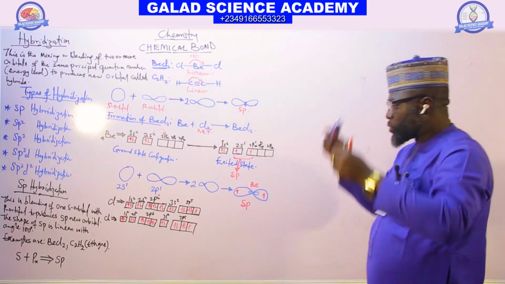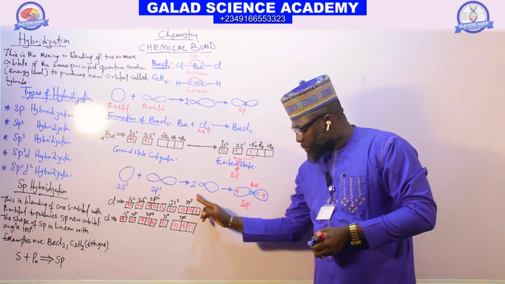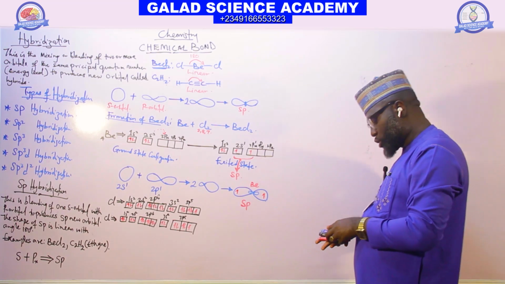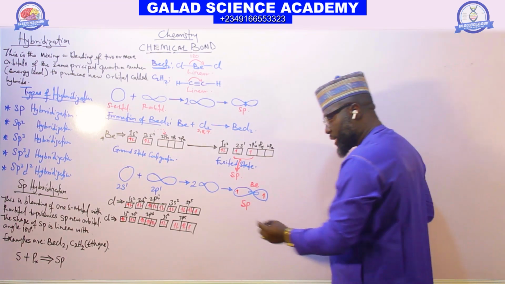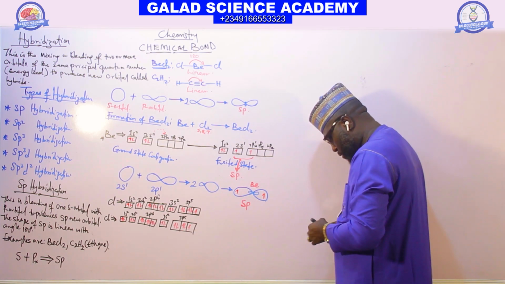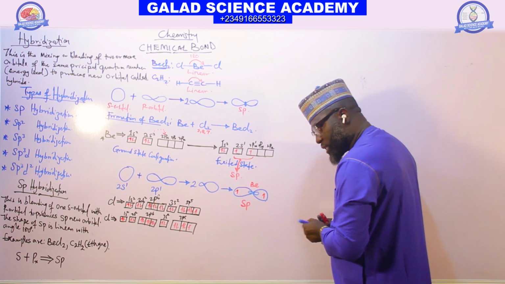But do you know that this p orbital, if you want to draw the structure normally, the p orbital here, you can draw the structure in this form, if you can still remember.